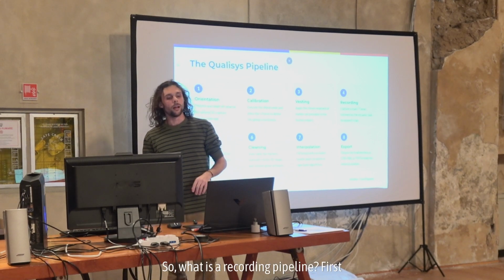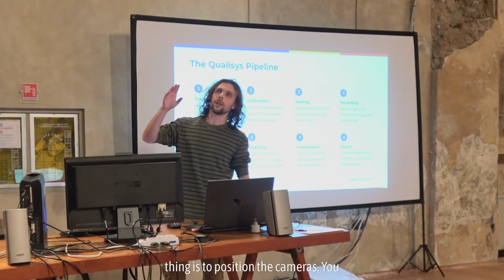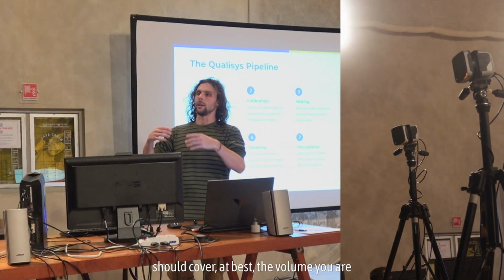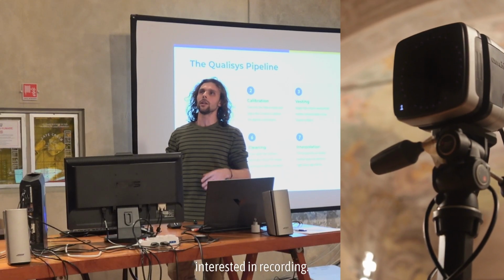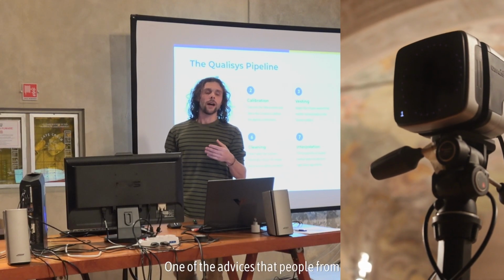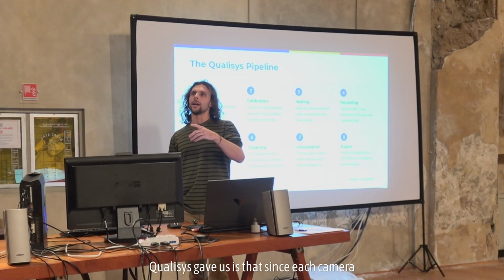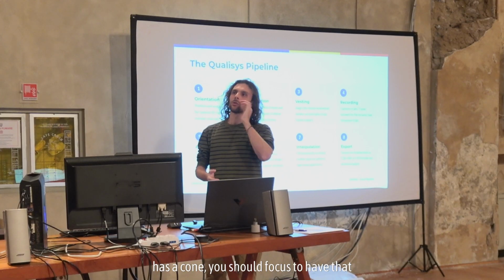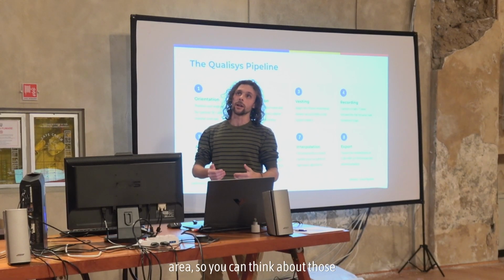So, what is a recording pipeline? First thing is to position the cameras. You should cover at best the volume you are interested in recording. One of the pieces of advice that people from Qualisys gave us is that since each camera has a cone, you should focus on having that specific camera cover the closest area.